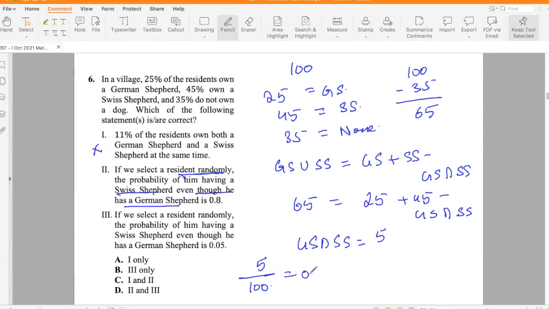So that would be 0.05. So it's not 0.8. The probability is 0.05. So this statement is correct. So only the third statement is correct, option B.